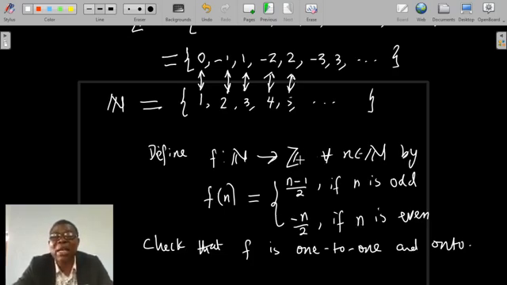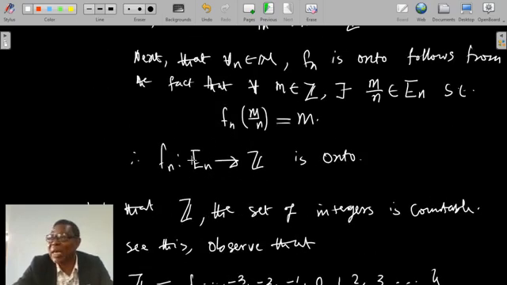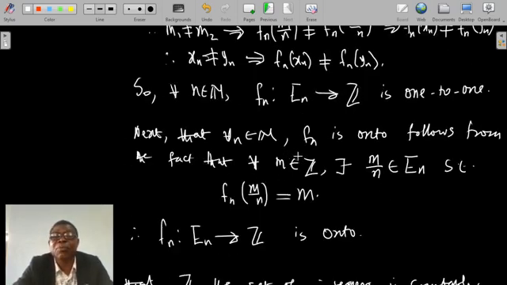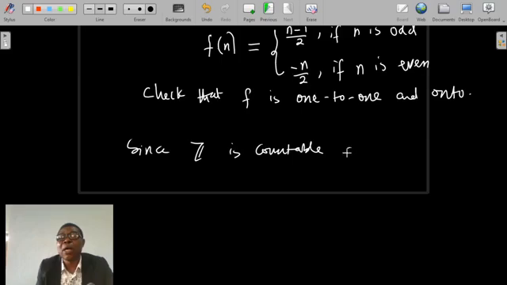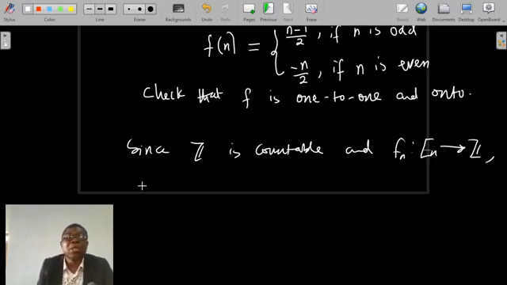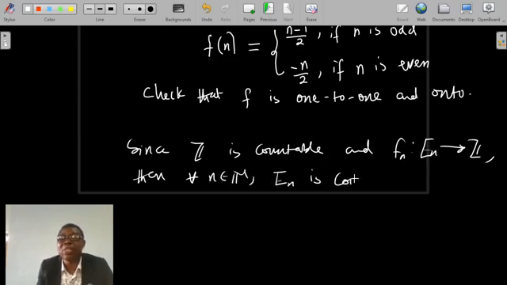Now, having seen that the set of integers is countable, we all shall agree that the set En is countable for each n, since we've established a 1 to 1 onto map between En and Z. Since Z, the set of integers, is countable, and Fn from En to Z is 1 to 1 and onto, then by the explanation I gave above, we have that for any n in the set of natural numbers, En is countable.